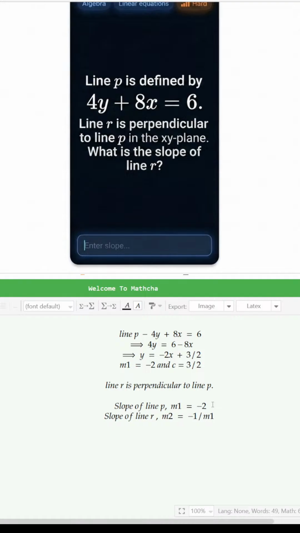That should be minus 1 divided by minus 2, which gives us 1 by 2, that is 0.5. That is the slope of the second line, line R. So the answer to this question should be 0.5 or 1 by 2. That is the correct answer. There are no options here, so this is a direct answer.